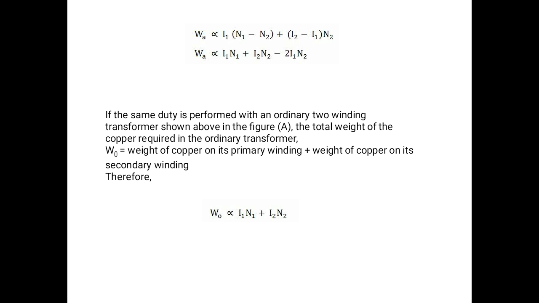Now, if the same duty is performed with an ordinary two-winding transformer, the weight of copper required in the ordinary transformer is the weight of the primary winding plus the weight of copper in the secondary winding. That is, W0 is directly proportional to I1 N1 plus I2 N2.